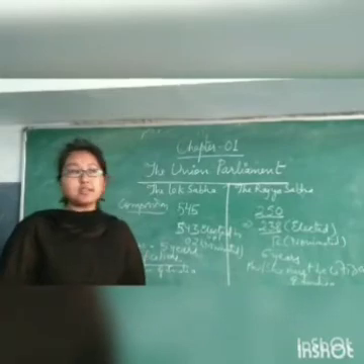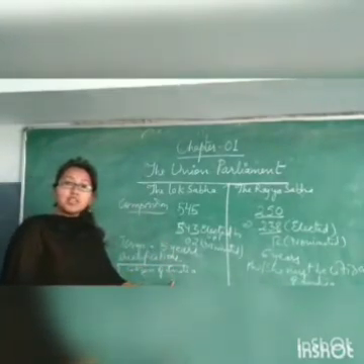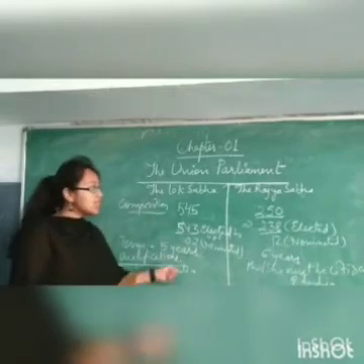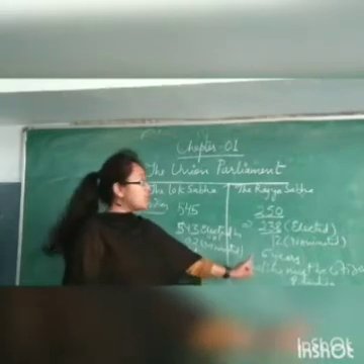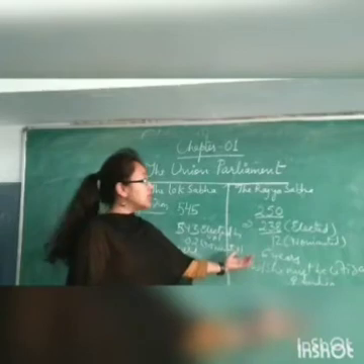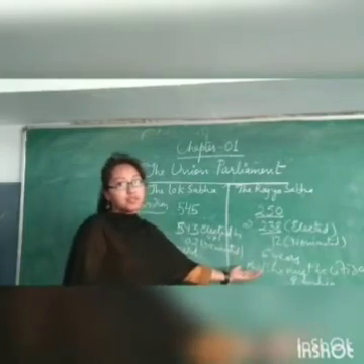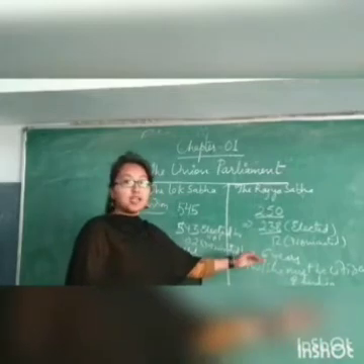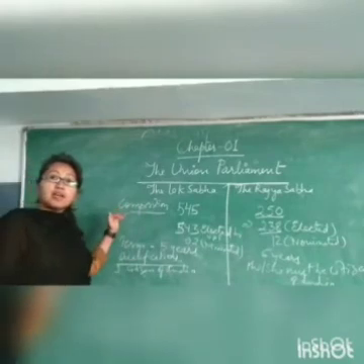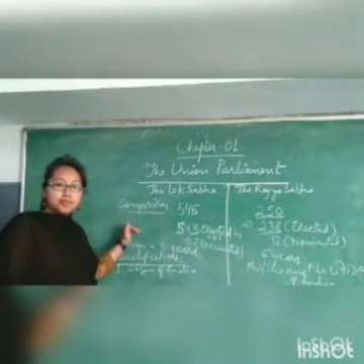Third qualification is age. For Lok Sabha members, the age requirement is 25 years, whereas the age requirement to contest the election of Rajya Sabha is 30 years, not less than 30 years. So 30 or above.